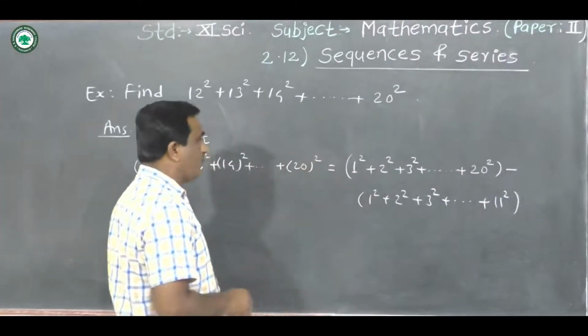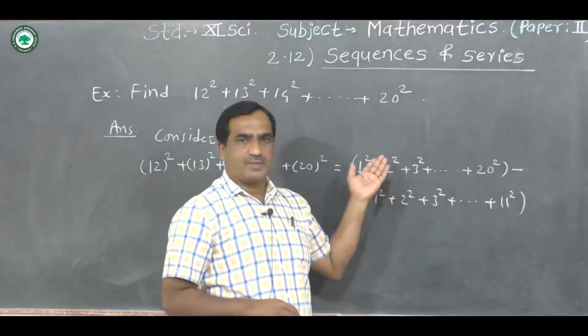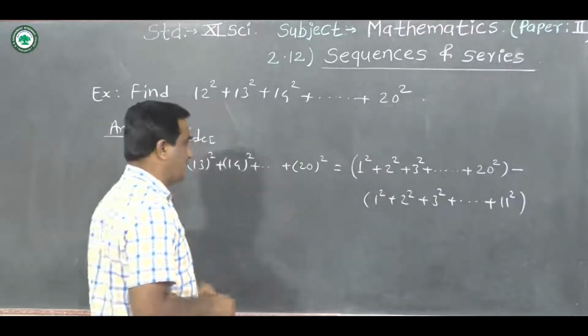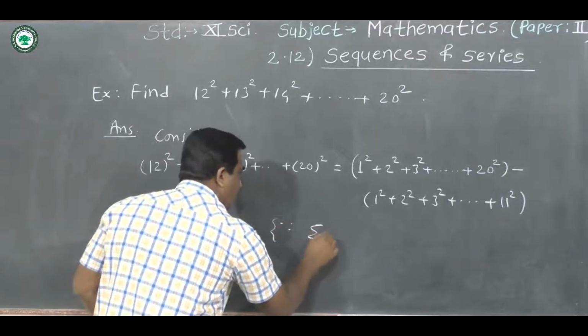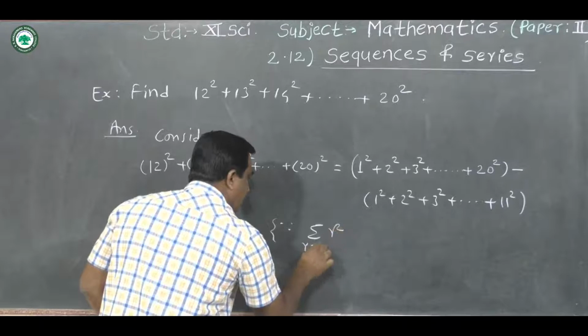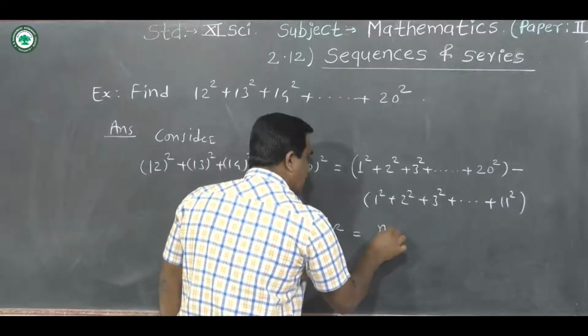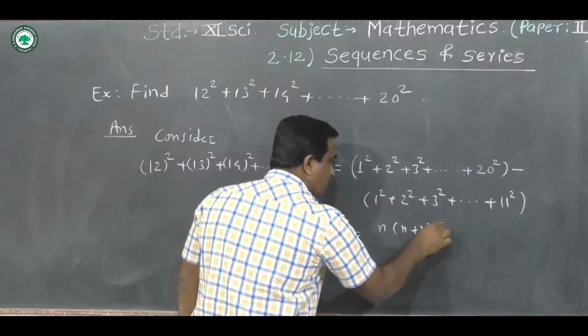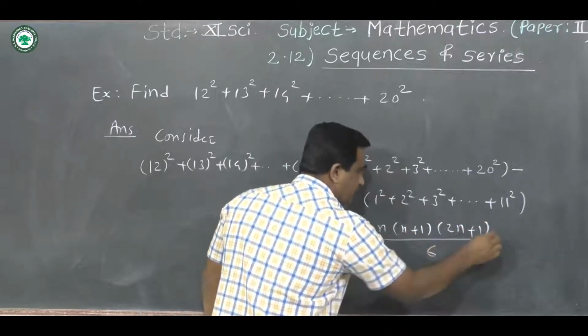Therefore, we can use formula here, sum of the squares of first n natural numbers. This formula is, summation of r square, r goes from 1 to n, is equal to n into n plus 1 into 2n plus 1 upon 6.